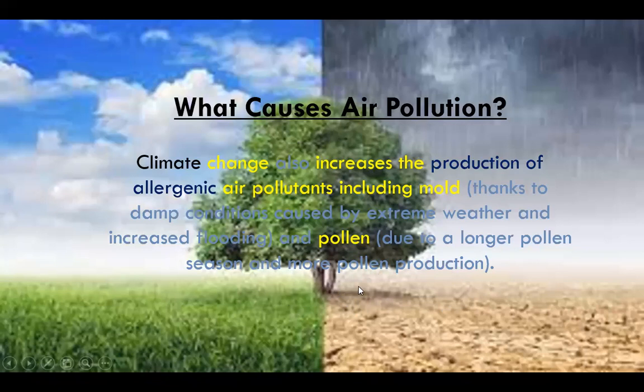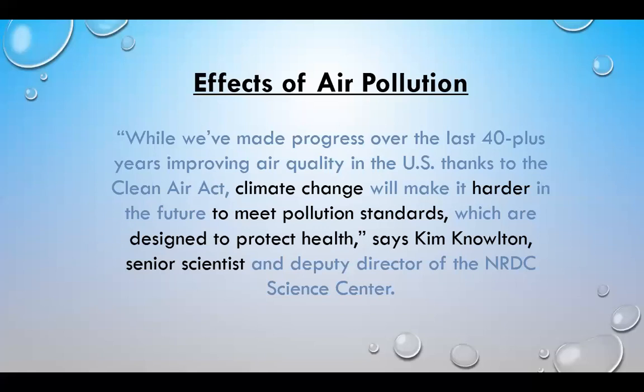So it is a signal for us to be more considerate towards our environment and to understand the effects of air pollution here. Climate change will make it harder to meet pollution standards in the future, according to the senior scientist and deputy director of the NRDC, Kim Knowlton.